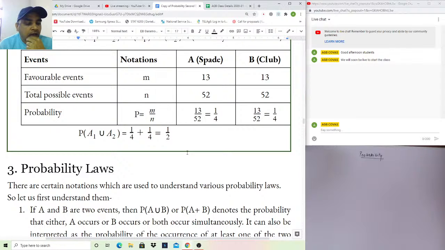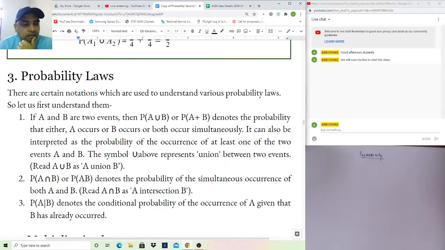Now comes your probability laws. There are certain notations which need to be understood before we go for the probability laws. Let us first understand: if A and B are two events, then P(A union B), also known as P(A plus B), denotes the probability of either.